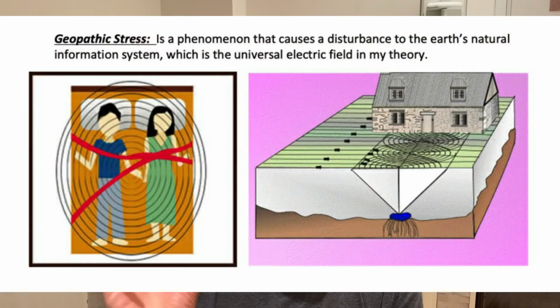Geopathic stress is really a disturbance within the Earth that disrupts the natural magnetic field of the Earth, which is what I'm defining as the information system here that we're all a part of. We're all connected to the Earth's magnetic field. We may not know how, but we are.